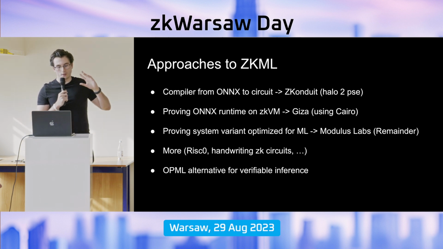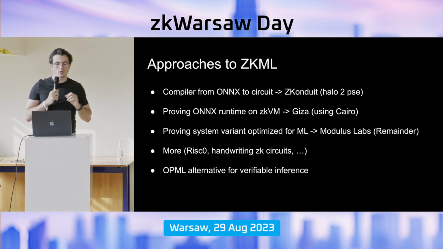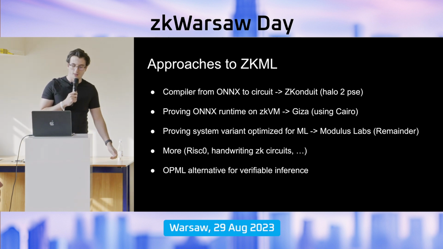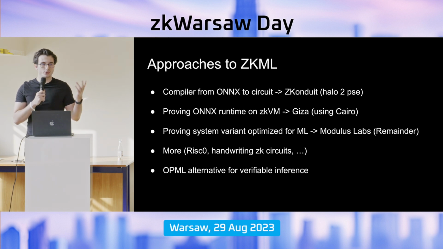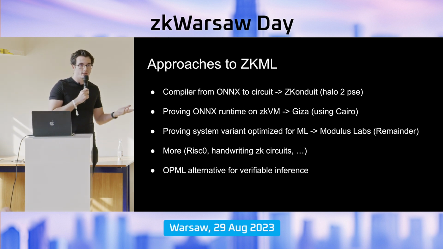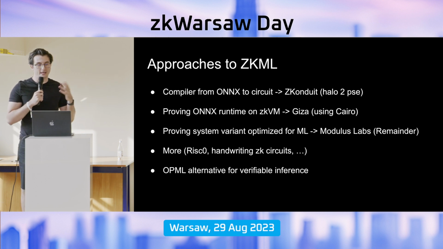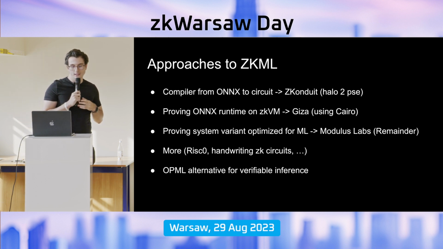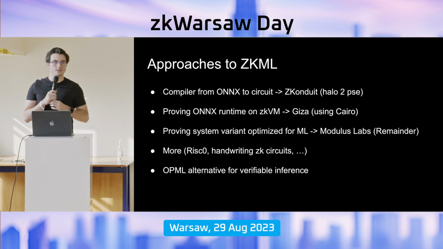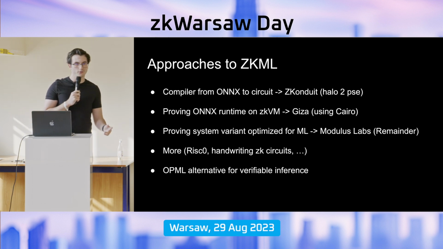The first approach is going from ONNX to a zero knowledge circuit via a compiler, converting the ONNX format to a zero knowledge circuit in a standardized way. This approach was taken by the zkonduit team, led by Jason Morton, Alexander Komuto, and a few other folks.